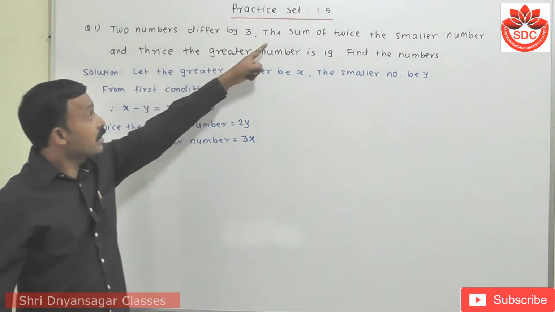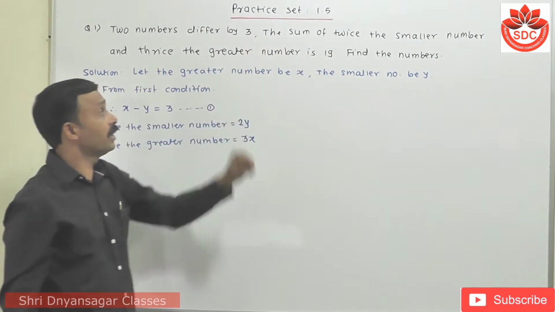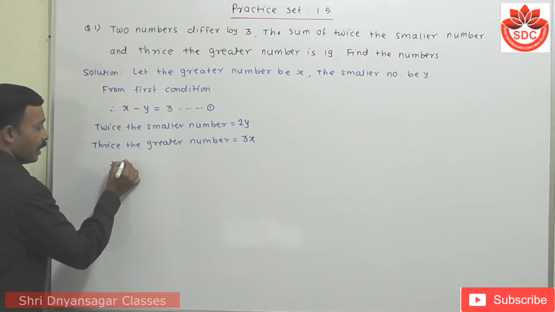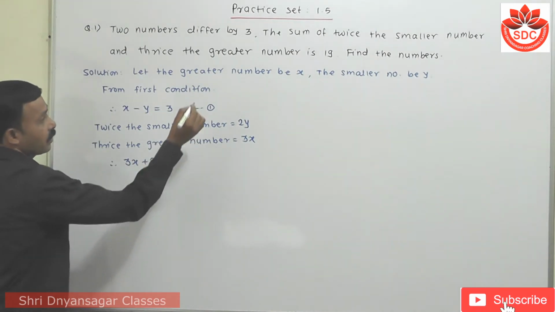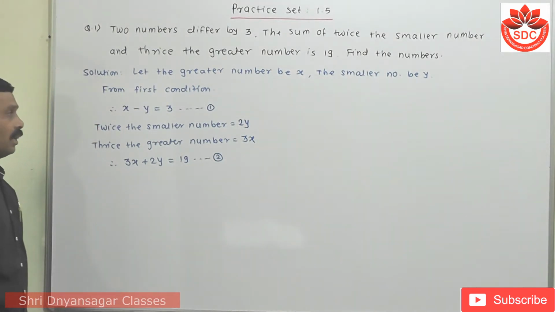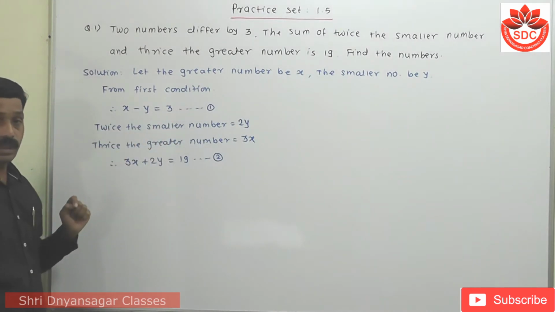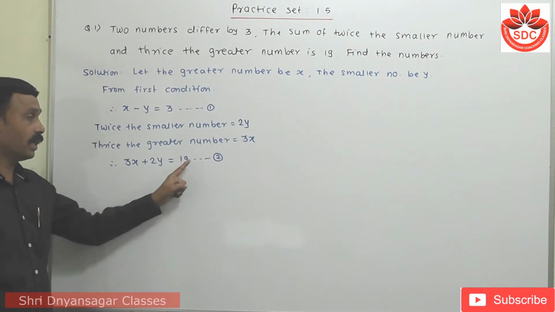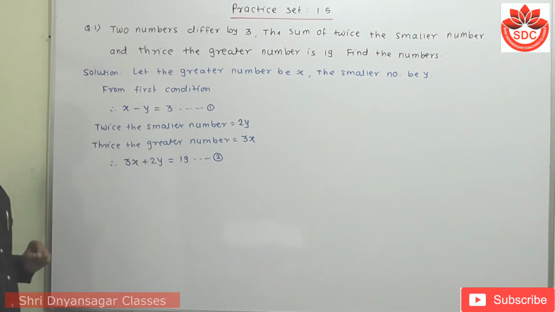Then the sum, बेरीज, is 19. So we write 3x plus 2y is equal to 19. This is equation number second. Can you understand these two conditions? First condition: x minus y is equal to 3, equation first. Second: 3x plus 2y is equal to 19, equation number second.